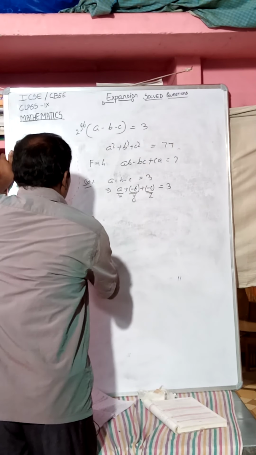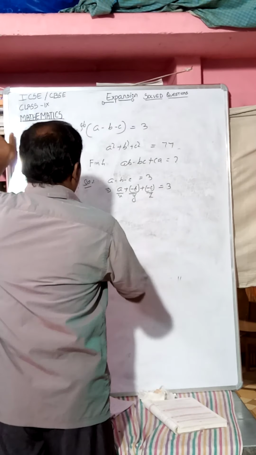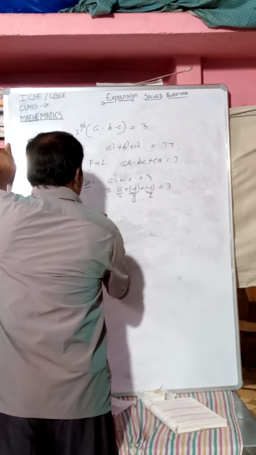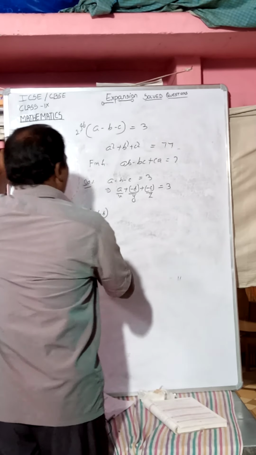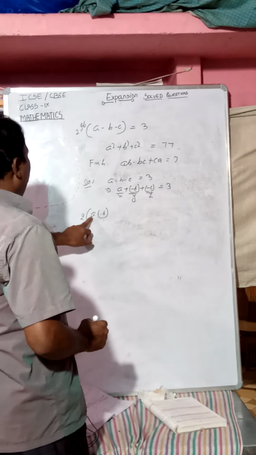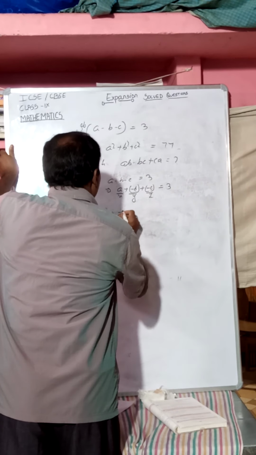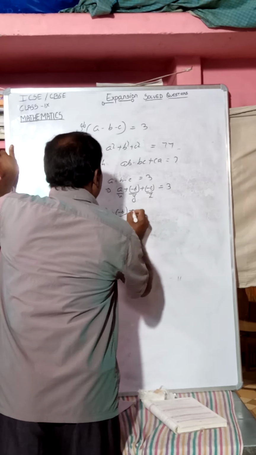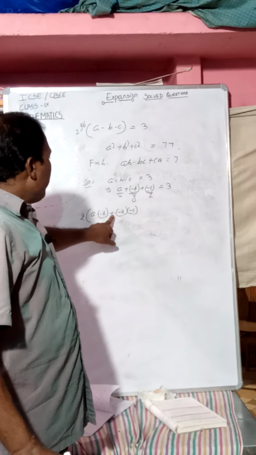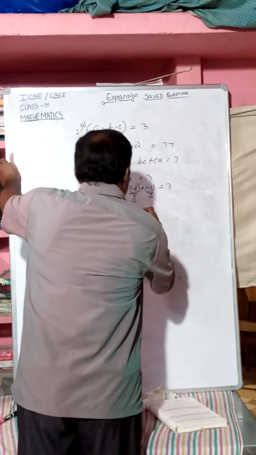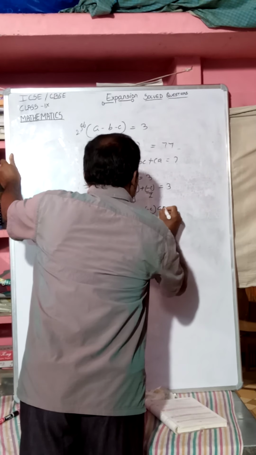So 2 into (xy, meaning a into minus b, plus yz, minus b into minus c, plus zx, minus c into a).